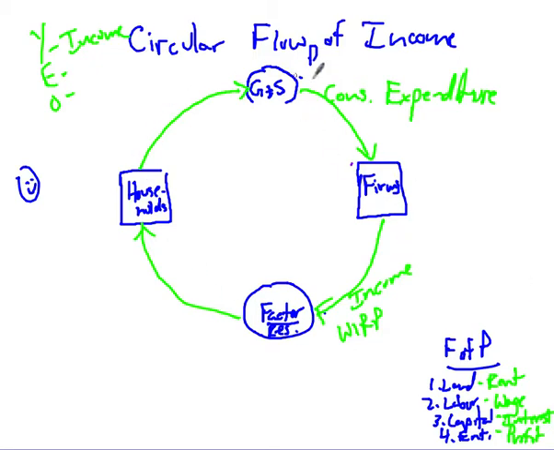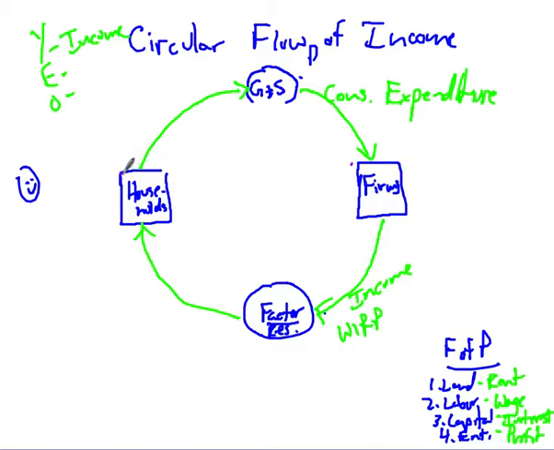You have the flow of income going this way, and the inner flow, like this, is what you get for it. But this is a pretty simple model, and nothing's that simple. So we want to get to our 3, 4, and 5 sector model.